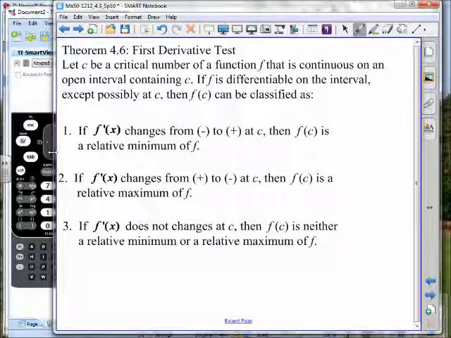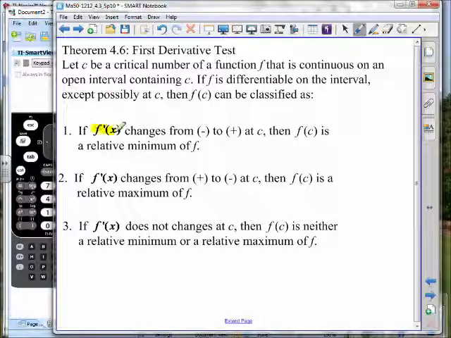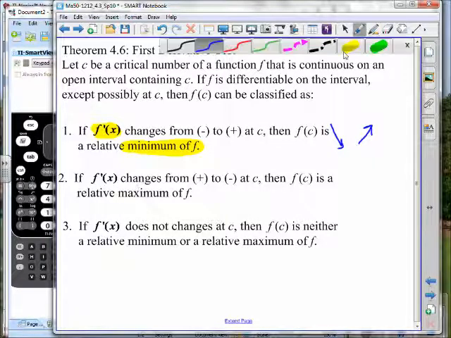Then the function f of C can be classified as follows. If the first derivative changes from negative to positive, then there's a relative minimum of the function. Our function follows the direction of the derivative, and so we would have a relative minimum.